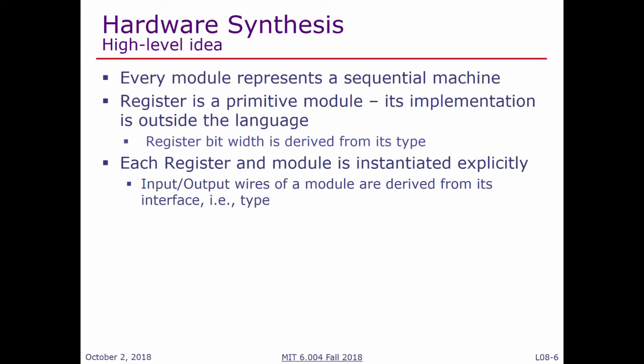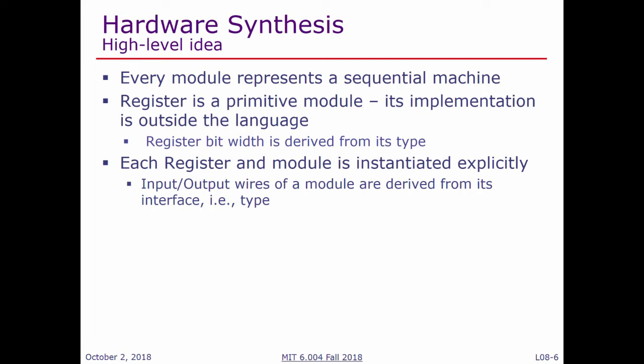There is never a case where the compiler will go and introduce a new module in your system or instantiate a module without you knowing. So anytime you see a register or a module in your design, there is some line of code somewhere where you explicitly instantiated it. And if you forget to instantiate it, no hardware will be generated for that.